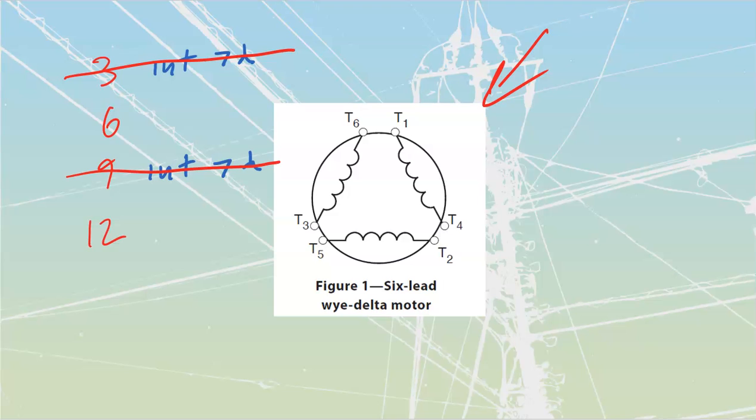If it were a 12-lead motor, all we would have to think about is that we would take our windings and configure them in series. If I had these, then instead of going 3 to 6, my 6 would have ended down here. We then go off on the next ones here, 7, 8, 9, and then 10, 11, 12 would be my terminals.